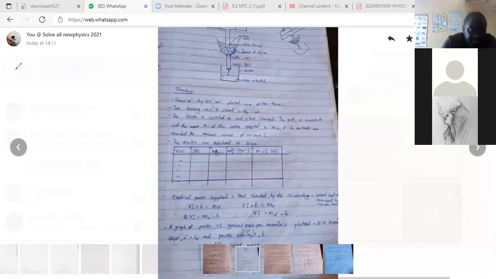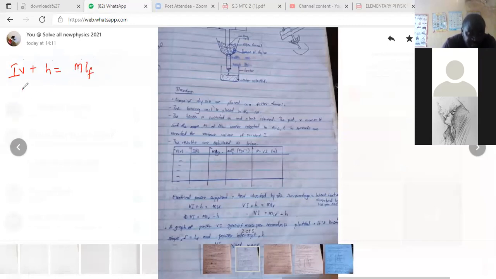So electrical power supplied is IV plus the heat absorbed by the surrounding per second is equal to the latent heat of fusion absorbed by the ice, which is mass of the ice times the latent heat of fusion.